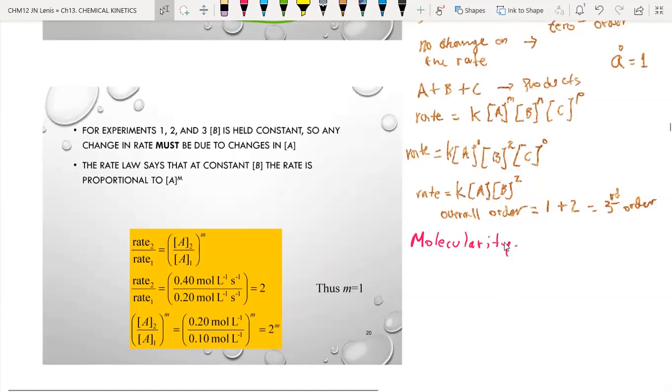Molecularity of the reaction means how many molecules are participating during the transition state on the kinetics for that reaction.